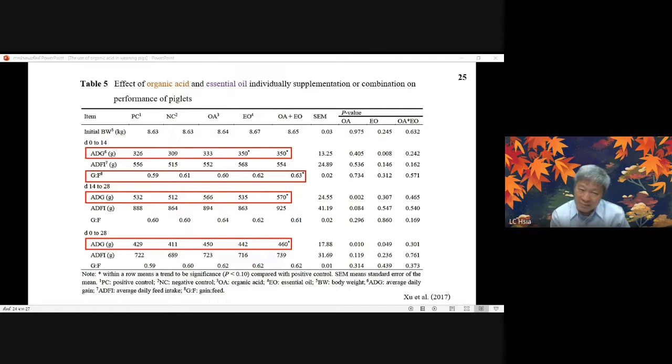Why? Because usually people believe we have to have a control group. But if you compare two things, why do you need a control group? If you compare two things, this one is better than that one. That's simple. Why do you need 100% to have a control? It's not necessary.